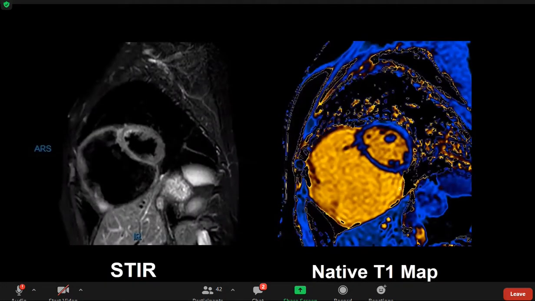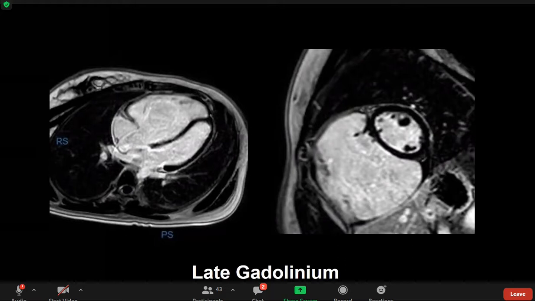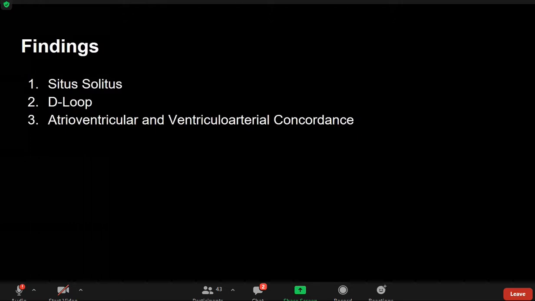The STIR images and the native T1 map in this patient showed no edema or any intrinsic high signal that could tell us there are any scars or previous infarct in this patient. Late gadolinium enhancement was also not present in this patient. All in all, in our findings, you have situs solitus, you have the D loop, atrioventricular and ventricular arterial concordance in this patient.